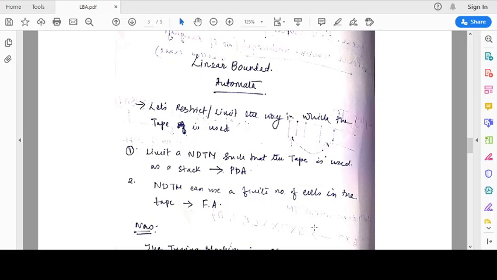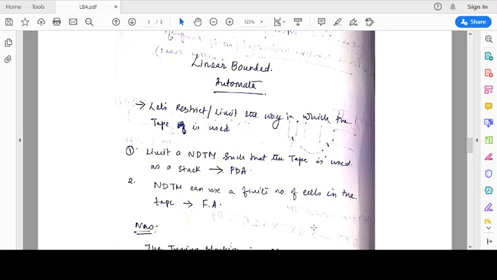So as you can see, we are restricting the power because by now we know that a PDA is less powerful than a Turing machine. So we are limiting some aspects of the tape, and we are changing the functionality of a Turing machine into the functionality of a PDA. Next, again we are taking a non-deterministic Turing machine, and we use a finite number of cells in the tape.